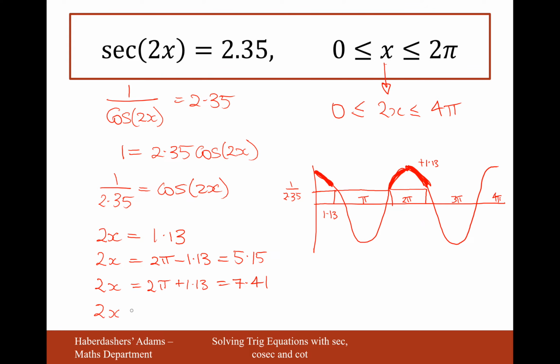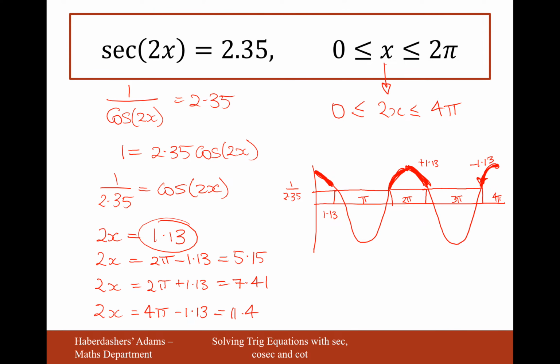And the final solution, if I carry on this set of solutions forward, will come from 4 pi coming backwards by that amount of 1.13. So it would be 4 pi minus the value a on my calculator, 4 pi minus 1.13, which will give me 11.4 to 3 significant figures.